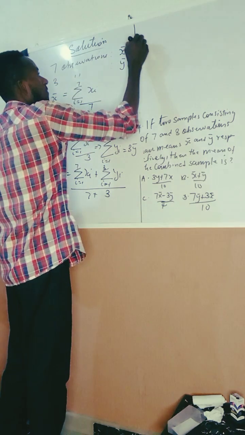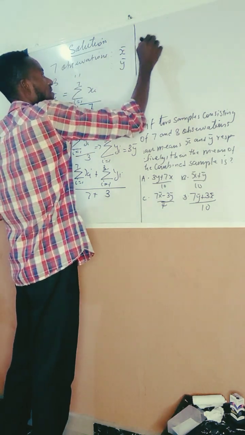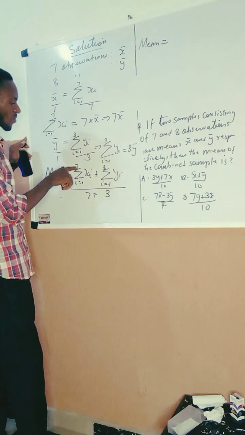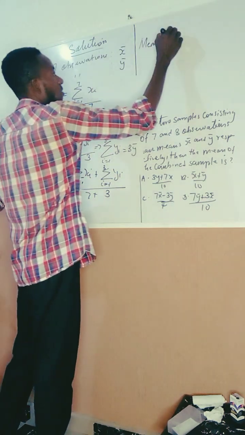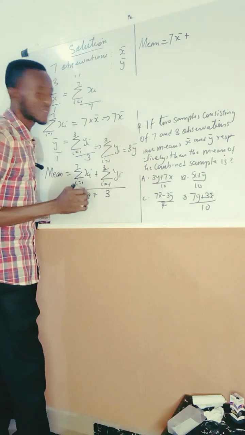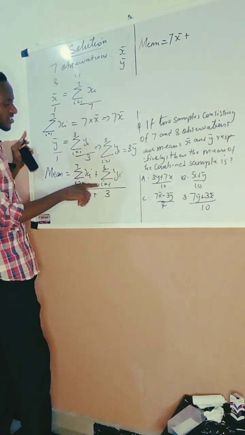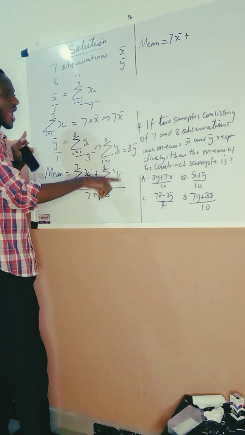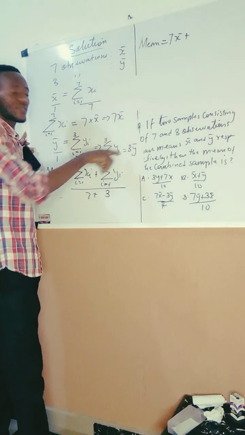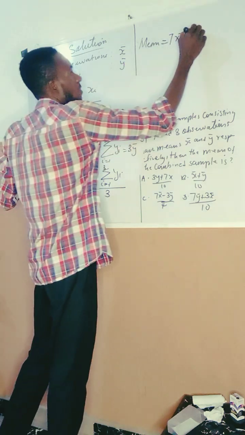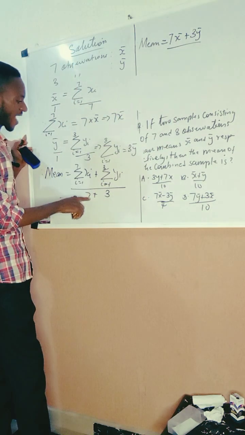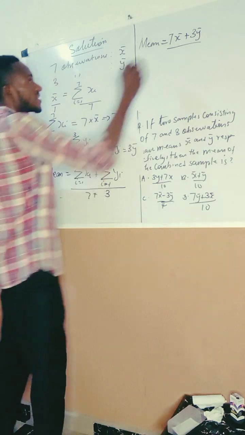So I'll say therefore, my mean equals 7x bar plus. Then in place of summation i runs from 1 to 3 of yi, I've been given that this is 3y bar. So I have 3y bar all over. What do I have here? 7 plus 3 is 10.